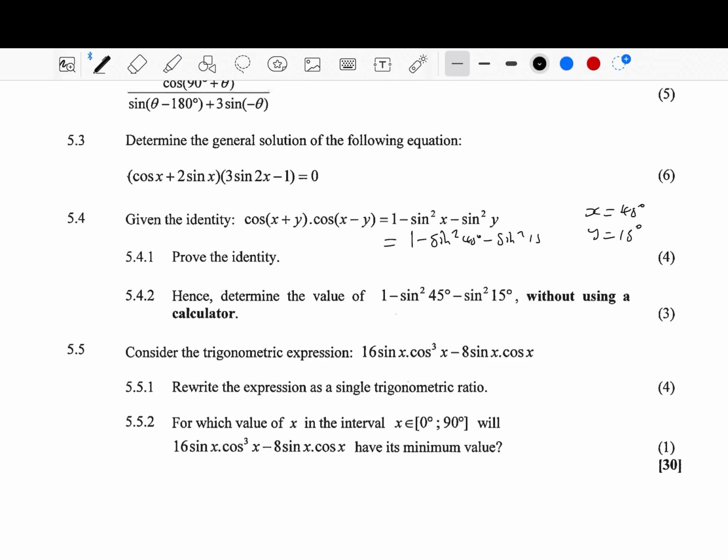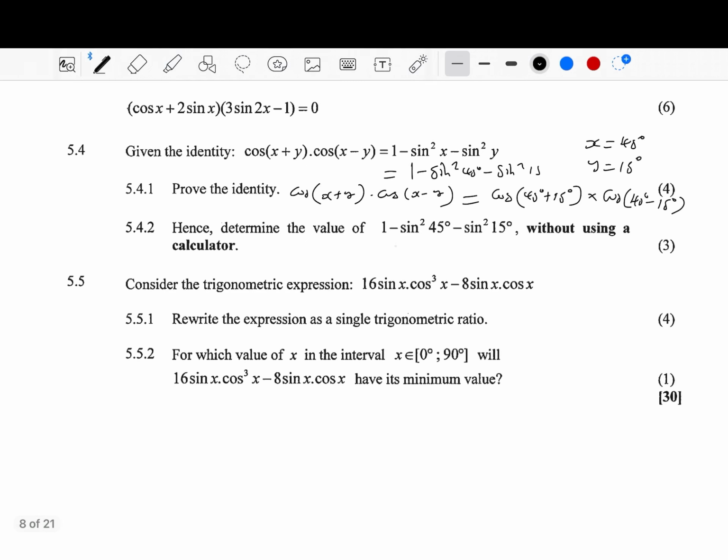So we can then rewrite and say, okay, cool, you have cos x plus y times cos x minus y, which can be written as cos of x, which is 45 degrees, plus y, which is 15 degrees, still times cos of 45 degrees minus 15 degrees.